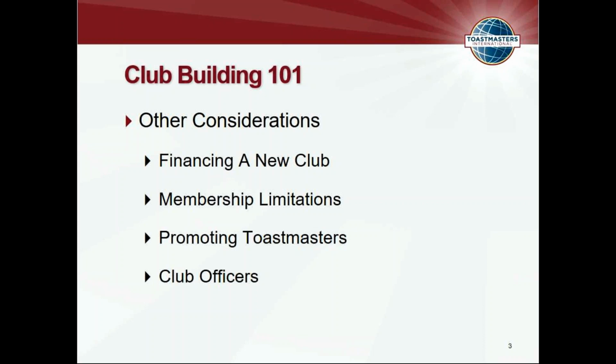I mentioned the sponsoring club, and this is the financing of a new club. This is the point where having a club as a sponsor to the new club can become valuable, because in the United States, a nonprofit organization such as a Toastmasters club cannot open a bank account until they have that nonprofit tax ID number. And that is something that Toastmasters International applies for when the club charters. It usually takes 4 to 6 weeks for it to be published back under the club information on the TI website.